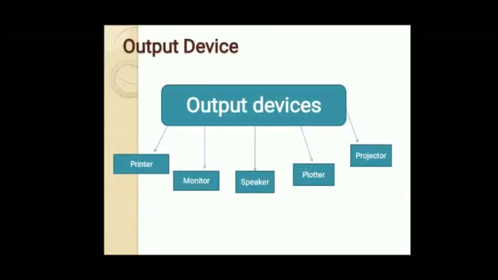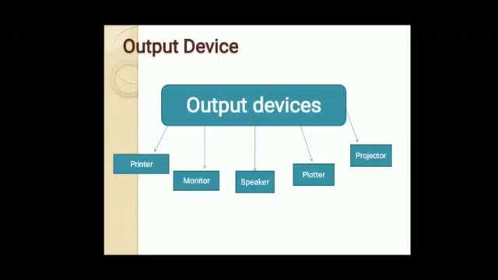The name only has the meaning. Output, the computer is putting data outside. That's why it's called an output device. How is data put outside? Using output devices. What are the output devices? Printer.